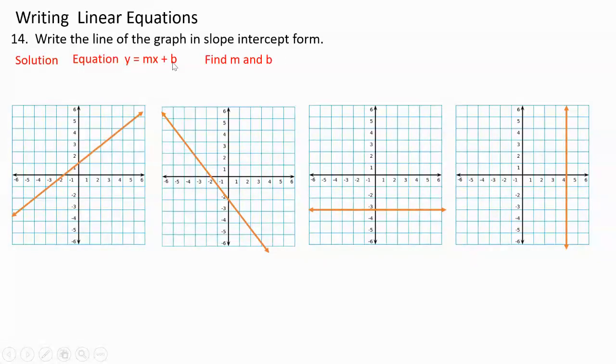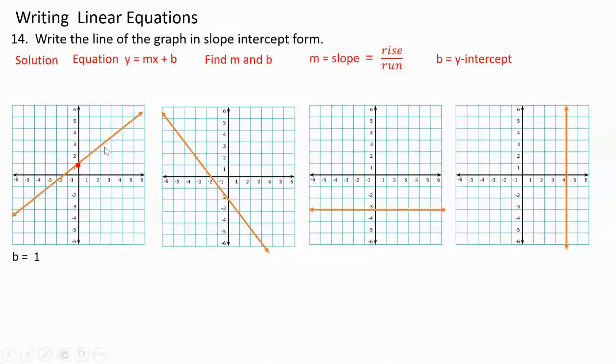So I need to find my m and my b. Remember, b is my y-intercept, and the slope is rise over run. In this case, my b is 1, because that's where the line crosses the y-axis.